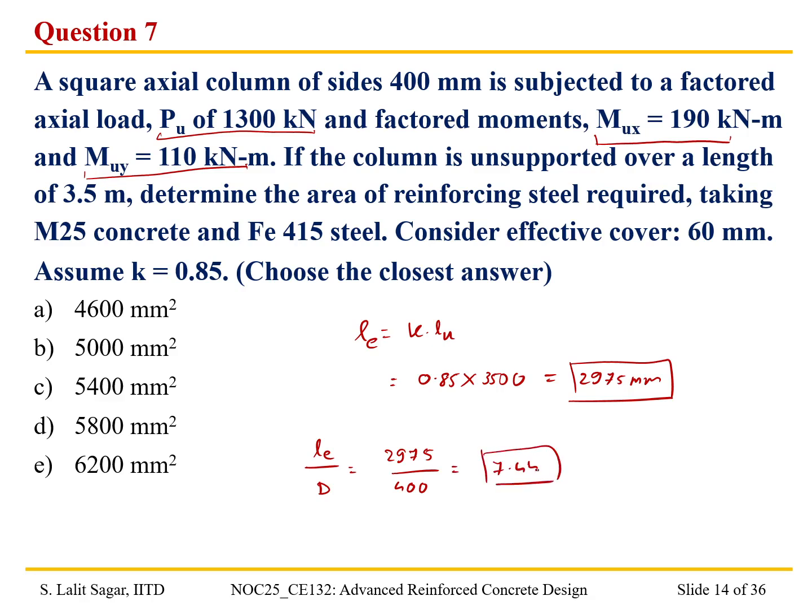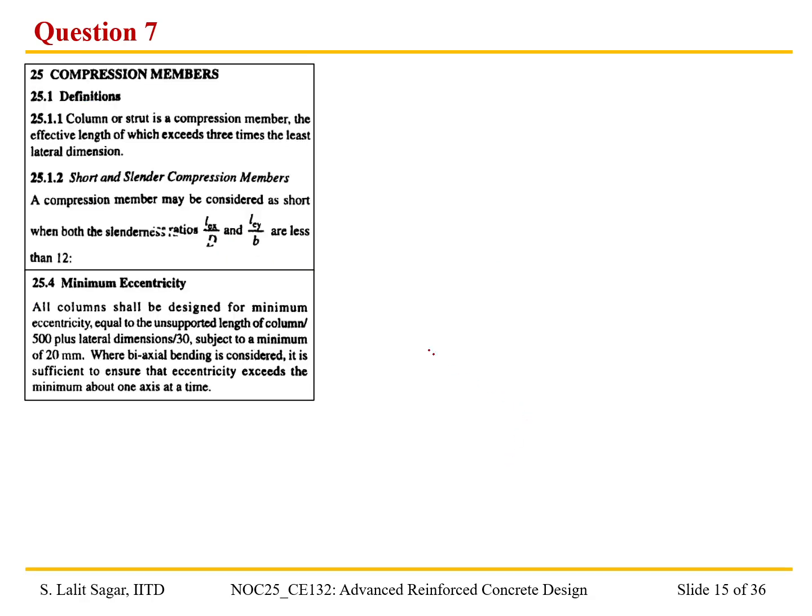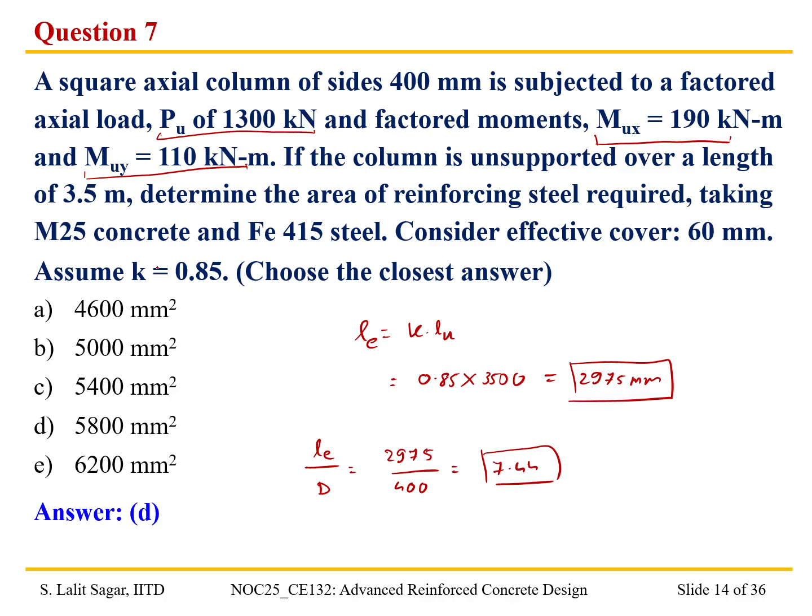As we can see from clause 25.12, which specifies the criteria for the short column, LE by B is less than 12. So it may very well be designed as a short column. So it can be classified as a short column. Okay, moving on.